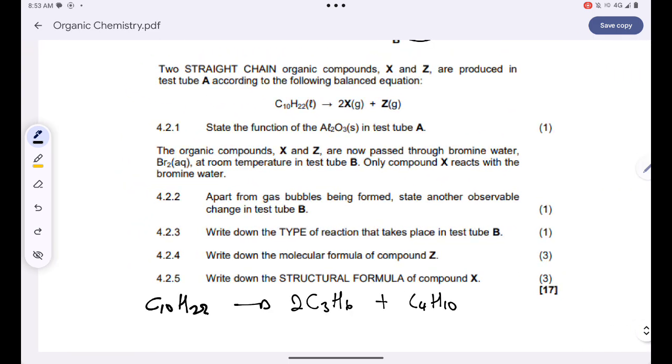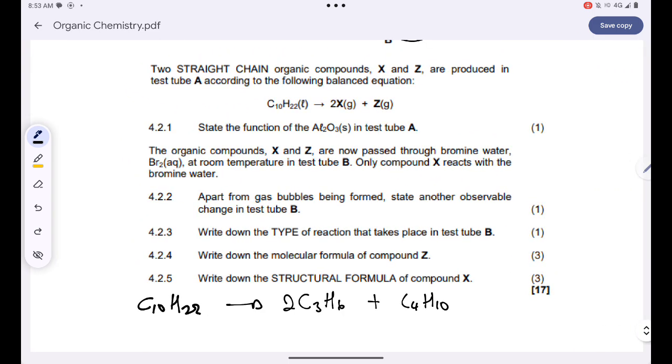Okay. State the function of a catalyst in a test tube. The function of a catalyst, guys, is always to speed up the reaction. It speeds up the reaction by taking an alternative path with a lower activation energy.